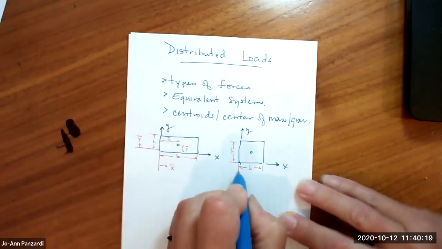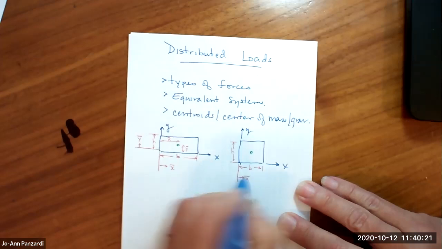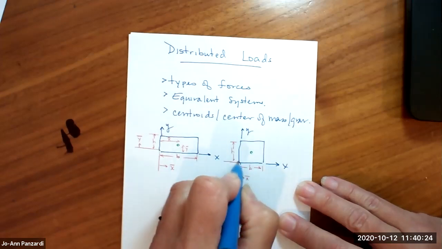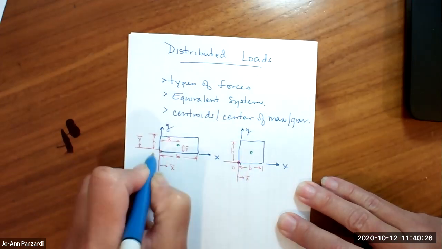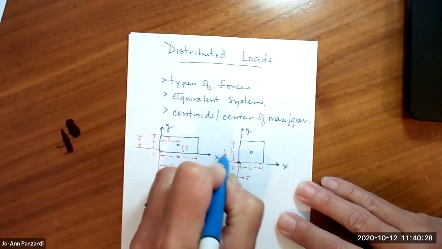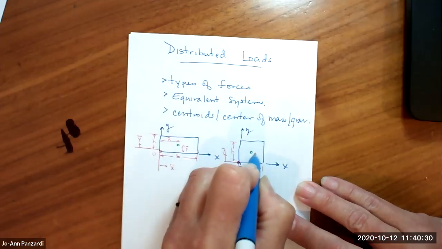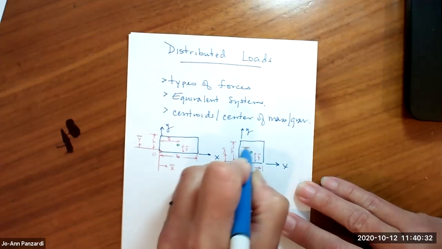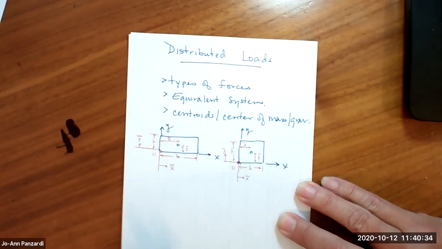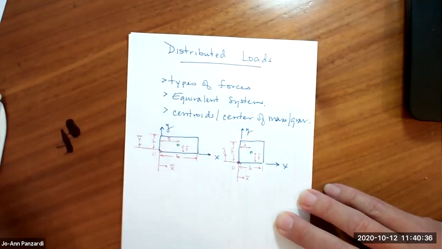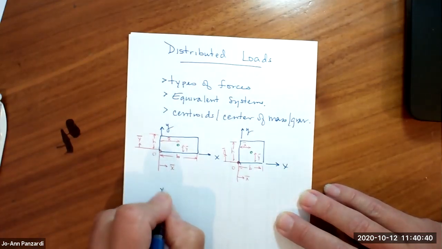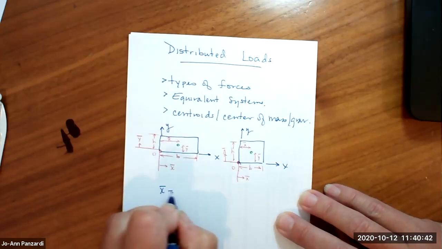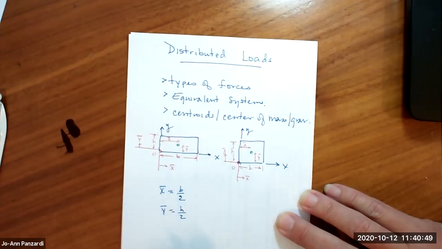The same thing here, I'm measuring x bar from my origin, and I'm measuring y bar here. So again, this is y bar, and this is x bar. In terms of the dimensions given of B and H, you know that x bar for a rectangle is B over 2, and y bar is equal to h over 2.